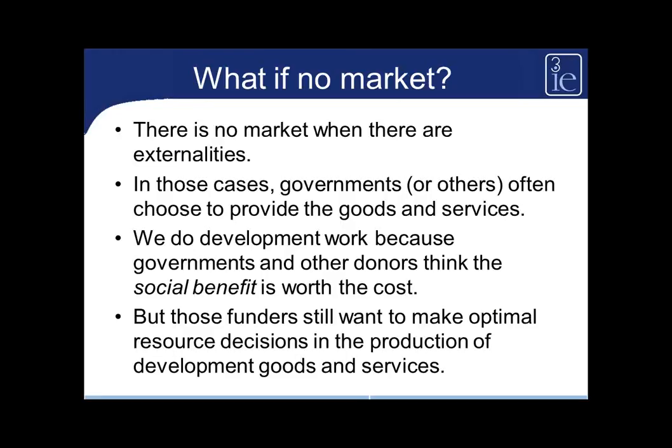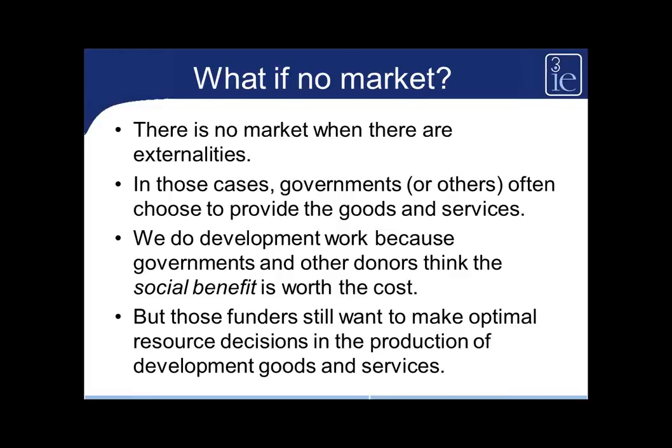So the question is, well, what if there's no market? And again, from Econ 101, we know that there is not going to be an effective private market if there are what we call externalities. That is, if there are good things that happen as a result of the production of that good that do not accrue to the person who pays for it, or there are costs that occur as a result of the production of that good that do not accrue to the person who produces it.